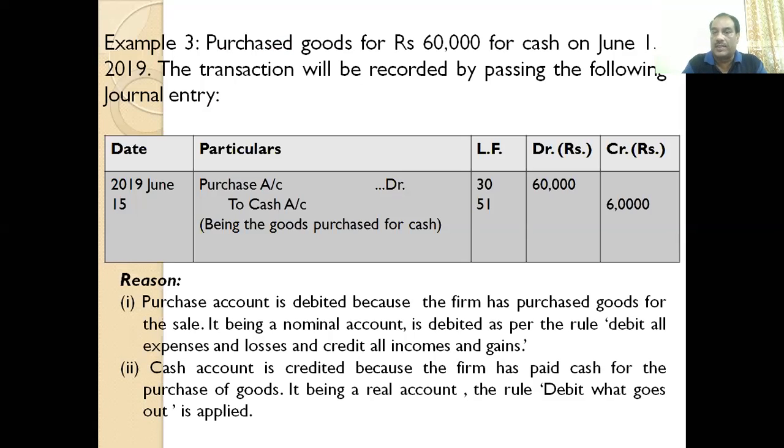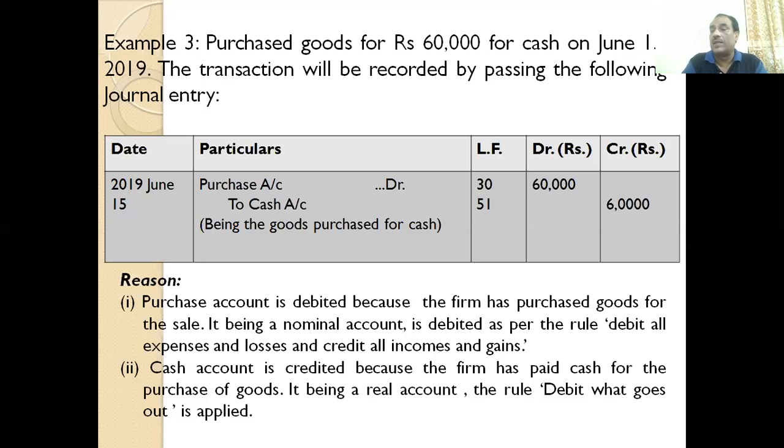Here, the purchase has been made in cash. So the purchase account of the organization, there are different types of accounts, has been debited, and the cash account has been credited. Why has this purchase account been debited?